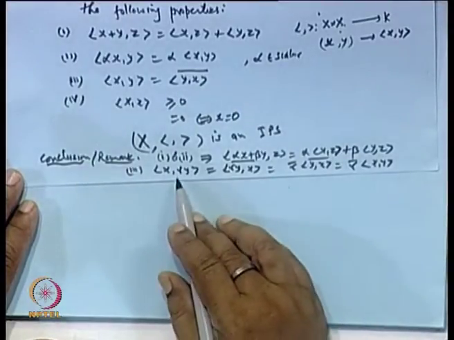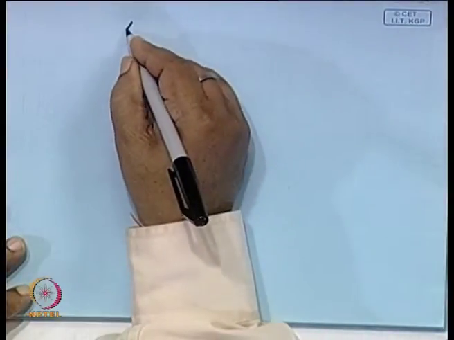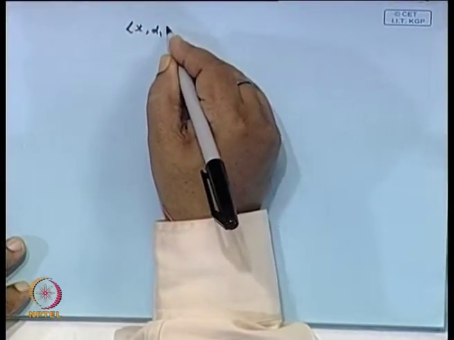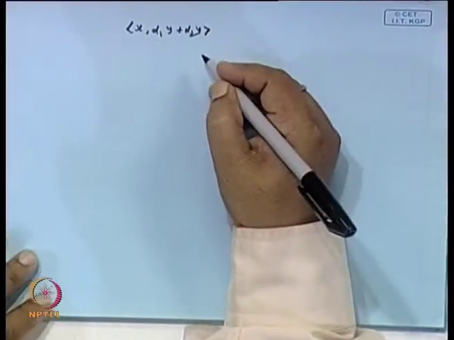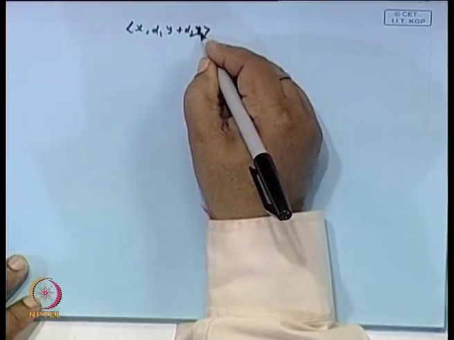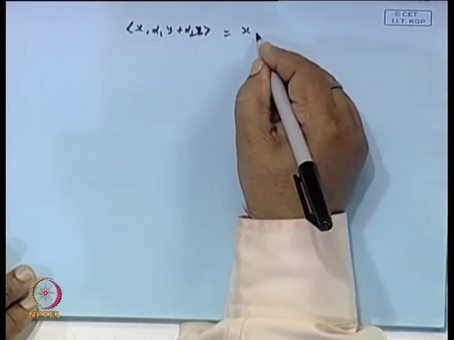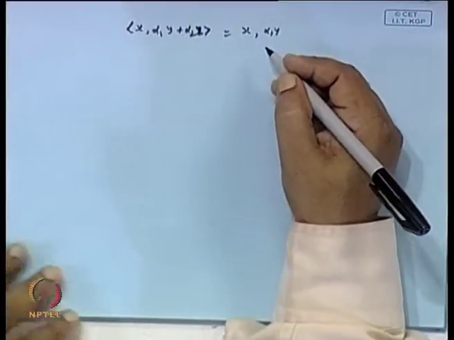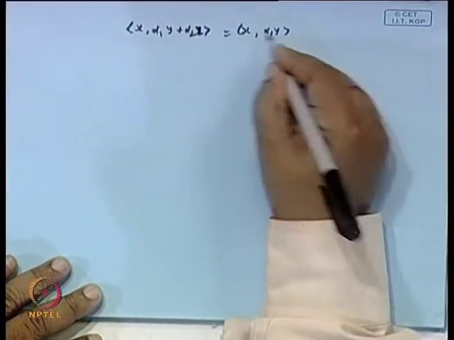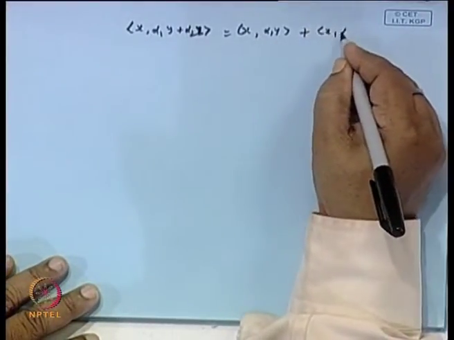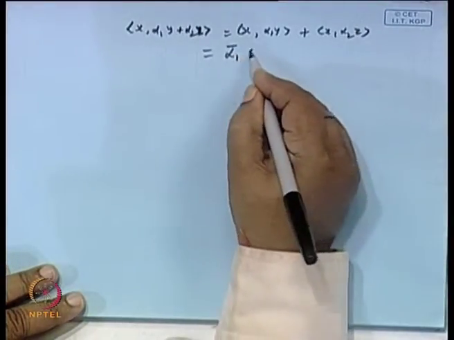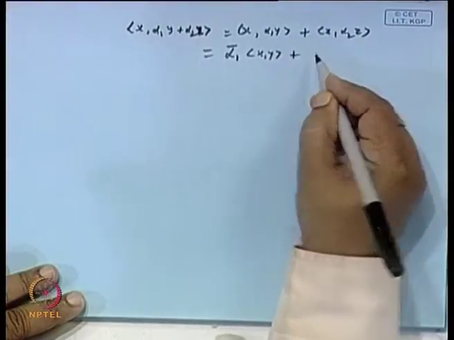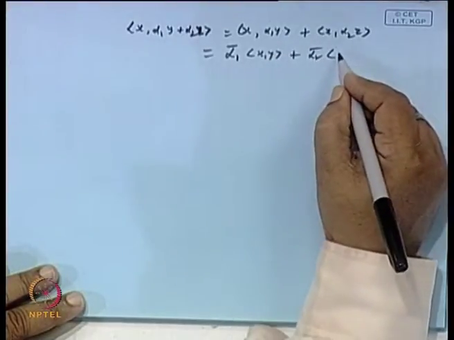Otherwise, if we take here, say, inner product of x with (alpha 1 y plus alpha 2 z), then this can be written as inner product of (x, alpha 1 y) plus (x, alpha 2 z), and that can be written as alpha 1 conjugate (x, y) plus alpha 2 conjugate (x, z).